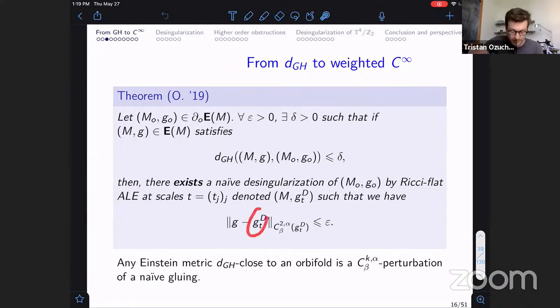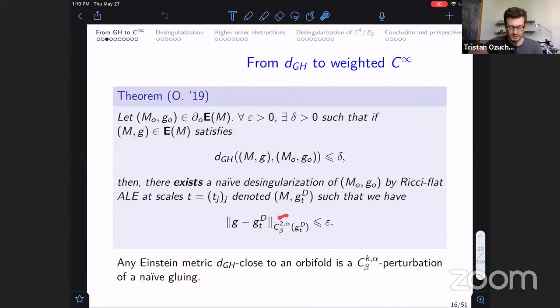So these naive desingularizations are not so naive. They are actual approximations of your Einstein metric, and in a nice sense, on which I will give more information. So yeah, that's the main convergence result so far.